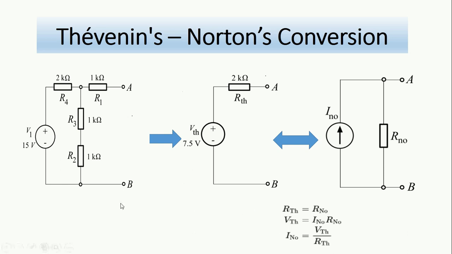If you are asked to find the equivalent Thevenin circuit and the equivalent Norton circuit, and we do this conversion and come to the same result, this means that both conversions were correct, and our conversion from the original circuit to Thevenin and to Norton was also correct. So this can be used as a checkup that we have made the correct conversion and our values are correct.